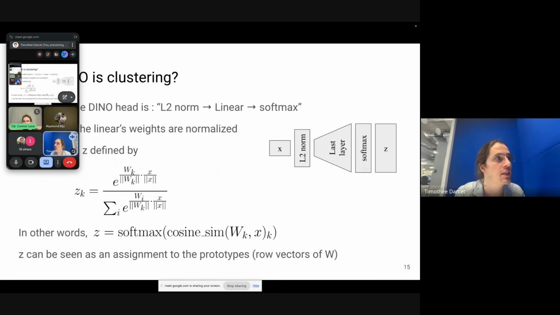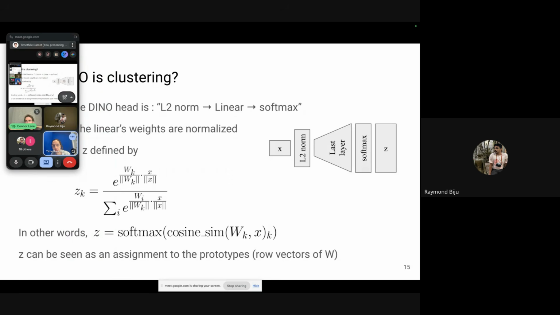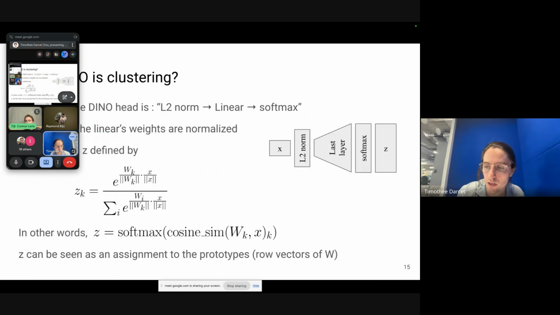Basically the gist is that you want two things. You want them to spread around the space, the hypersphere, and you want them to not be empty or too full. You want the samples to be balanced on the prototypes. The sample balancing happens through the Sinkhorn-Knopp step that is used in the clustering code to make sure that the clustering learns something that is balanced.